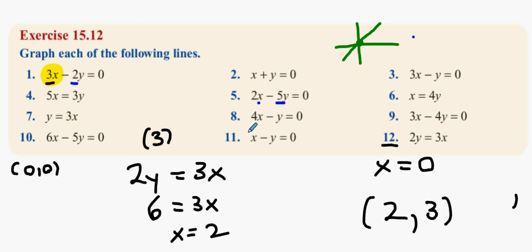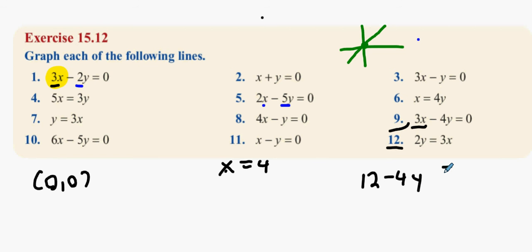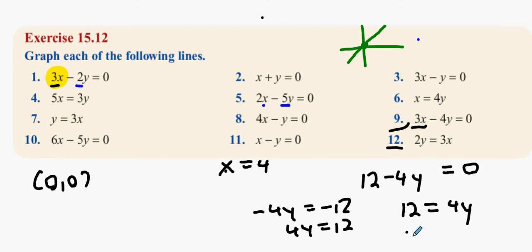Okay, will you guys try question 9 for me? Not just yet. One sec. We already know 0, 0 is going to be one of the points, don't we? So that's no bother. Next thing, I'm going to substitute x equals 4, because I know when I do 3 times x it's going to be 12 minus 4y equals 0. 12 equals 4y, or some of you will have minus 4y equals minus 12, 4y equals 12, y equals 3.